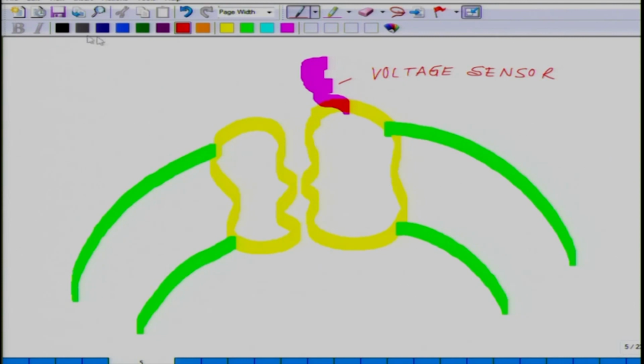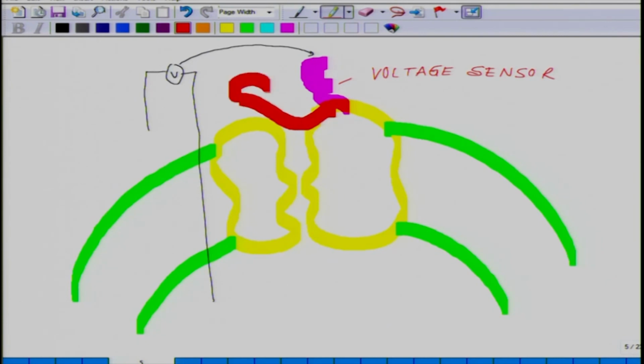In other words, they can see the change in voltage like this. This voltage change out here influences this voltage sensor. This voltage sensor is connected to another component, which is the gate component like this. If it senses the voltage, it modulates the gate, and the gate moves like this, and the gate attains a new position, which is this position.